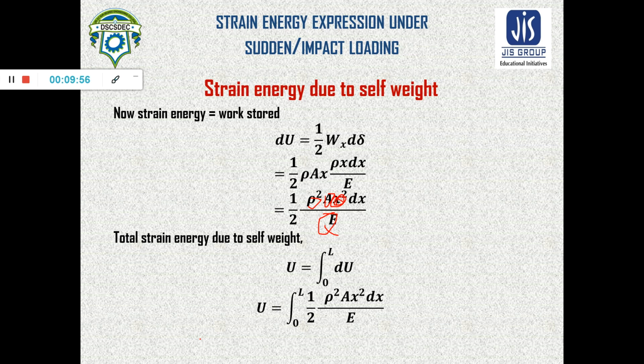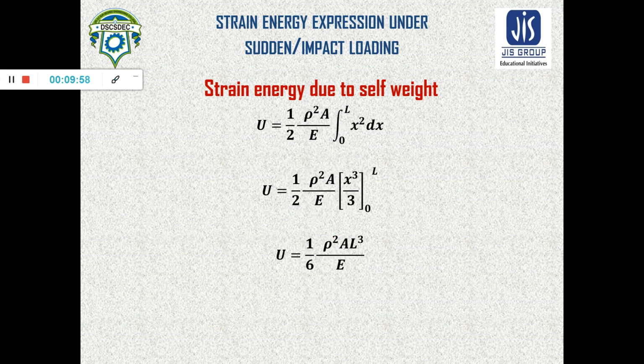Now that would give us U is equal to half ρ² A by E times the integral from 0 to L of x² dx.